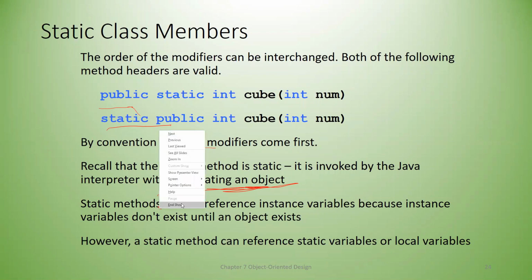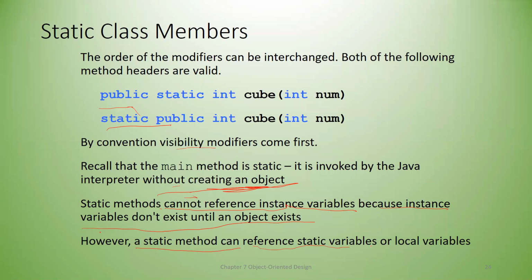and again, it's loaded. Static methods cannot reference instance variables because instance variables don't exist until the object exists. However, a static method can reference static variables or local variables. And this is not very clear. So a static method exists whenever the class is referenced.